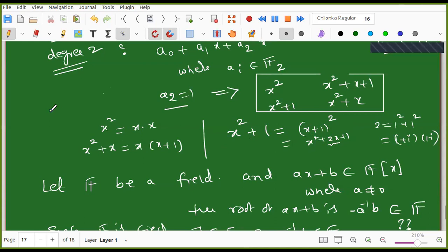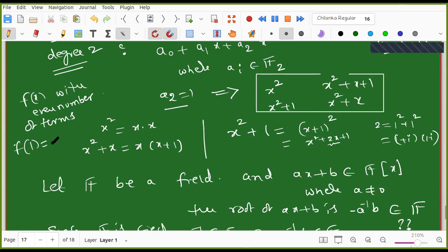So in particular, somebody can help me: I give a polynomial f(x) with an even number of terms. Then what can we say about f of 1?